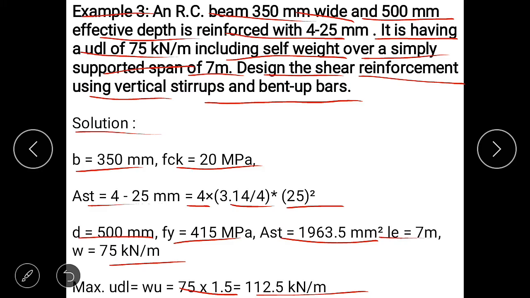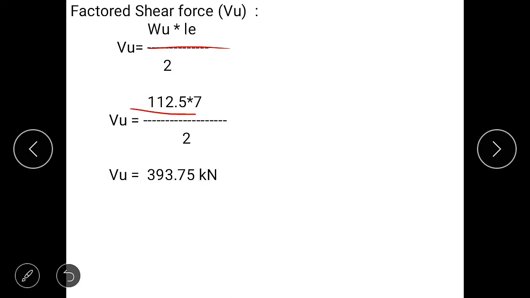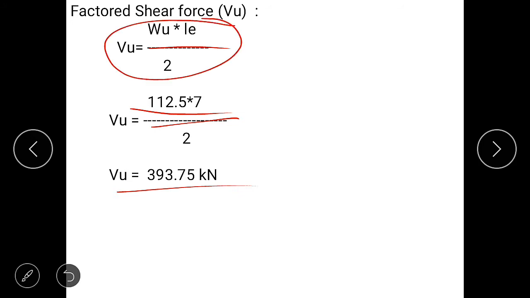Wu we already found is 112.5, length is 7, divided by 2. So our Vu, the factored shear force, is 393.75 kilonewton. We use this formula WL by 2 because the beam is simply supported.